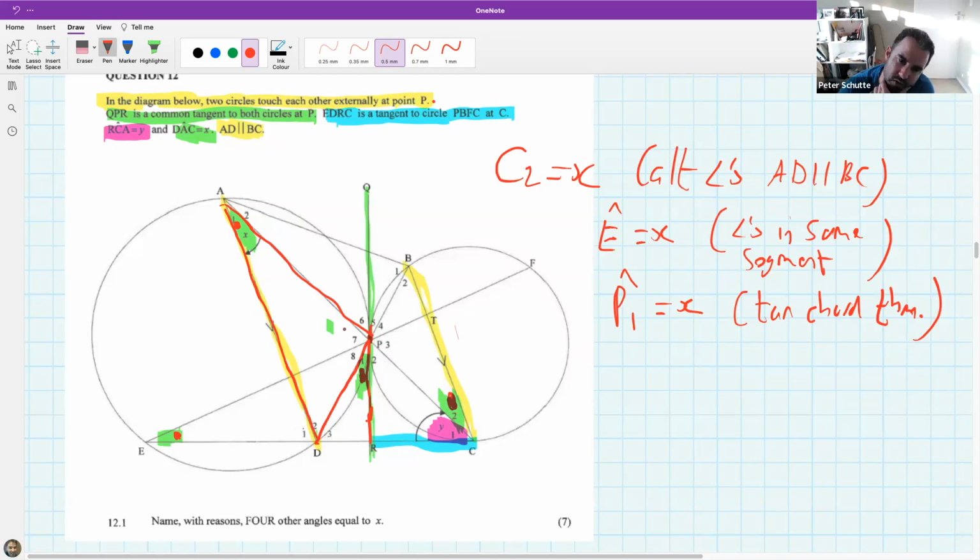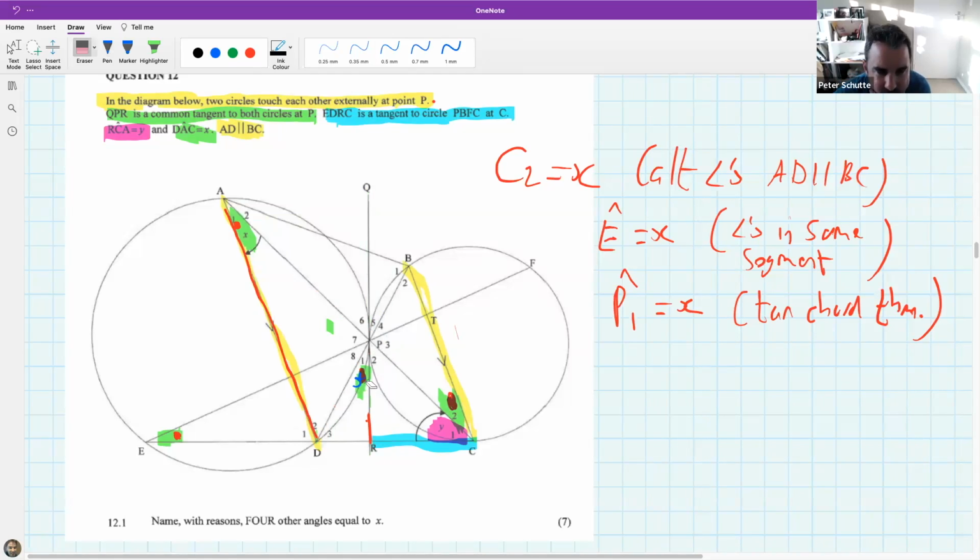What about, how about this tangent and this chord? Oh, wait, I'm lying. Am I lying? So this was an X here. Let me go back. So we've said that that was X there. Ooh, what about vertically opposite angles?